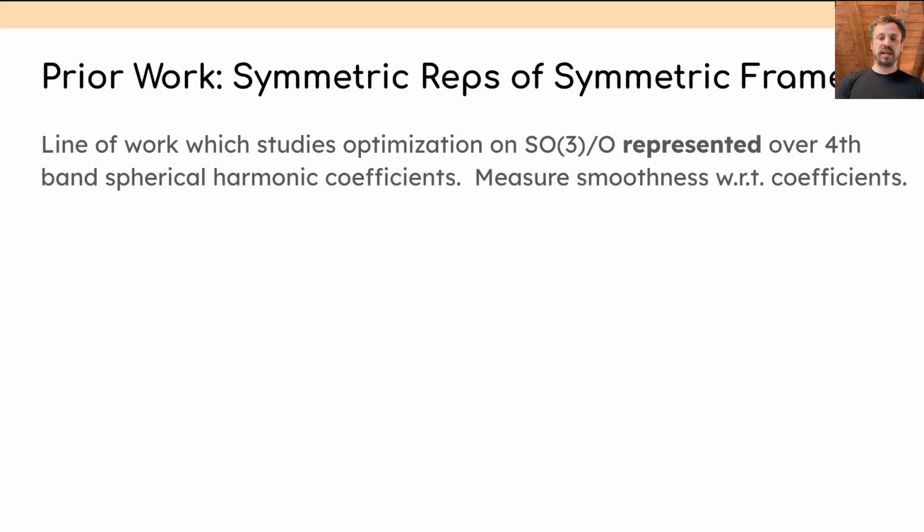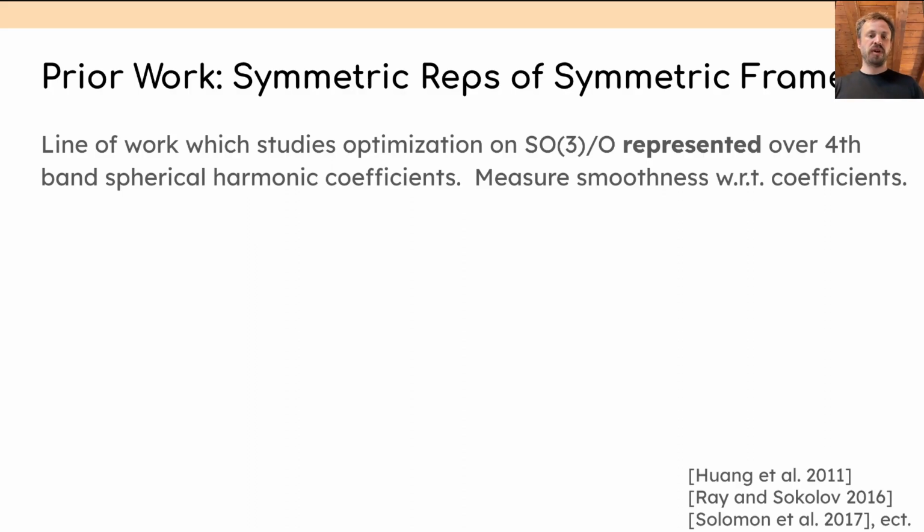To approach the problem, we leverage previous work in geometry processing that studied representations of SO3 mod O over the fourth band of spherical harmonic coefficients. This is a long line of work which was started by Huang et al. in 2011, and there's still research that continues on this representation today.